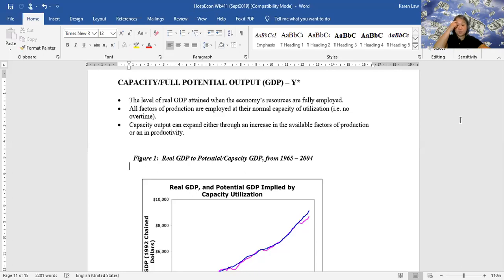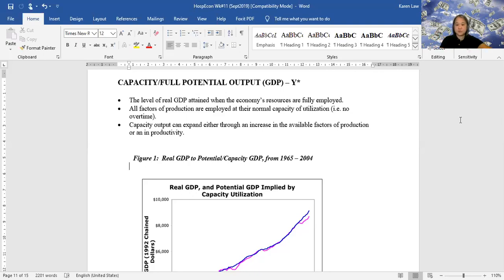So when we're talking about the normal capacity of utilization, we're not talking about working your resources 100%. We're talking about working your resources based on legislation in that country and different specifications by the manufacturer. There are some machines that you should really only run for 8 hours of the day and no more.